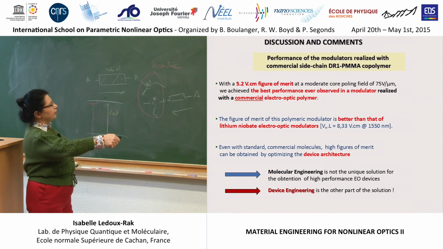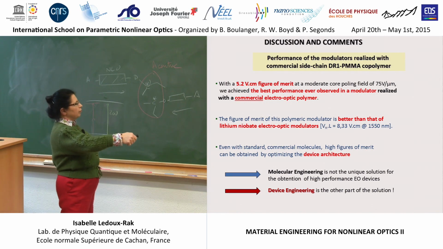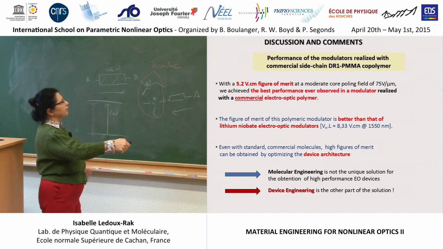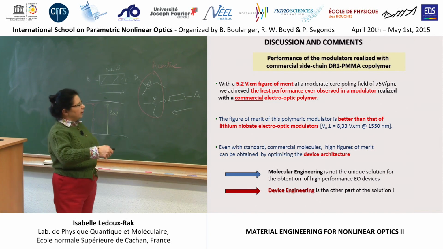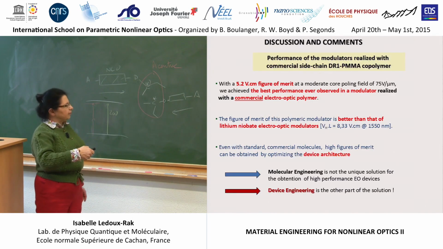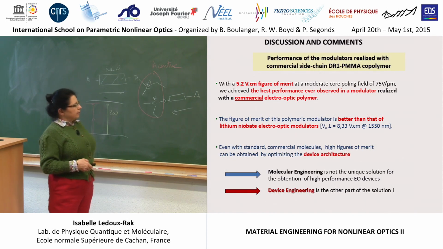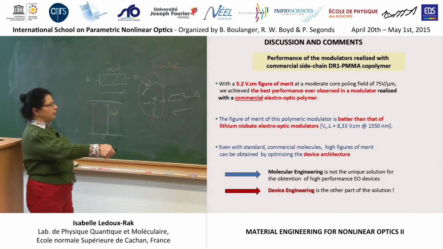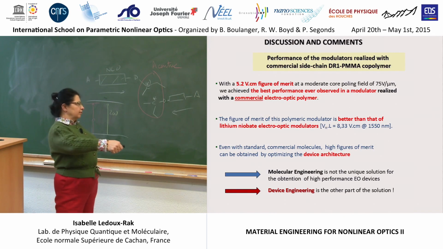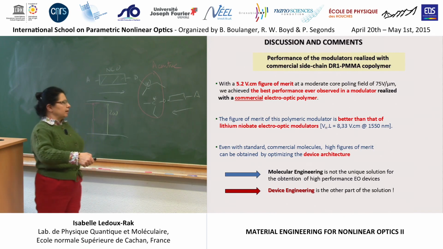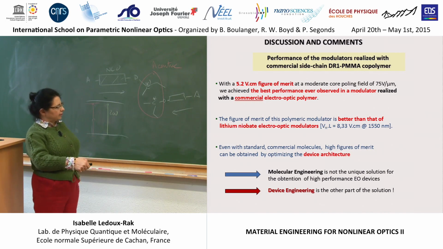Using commercial molecules will ensure a relatively good thermal stability, and with performance which is similar or even better than for lithium niobate. And it is really possible to make relatively cheap components, not only by optimizing the material, but also the device architecture.